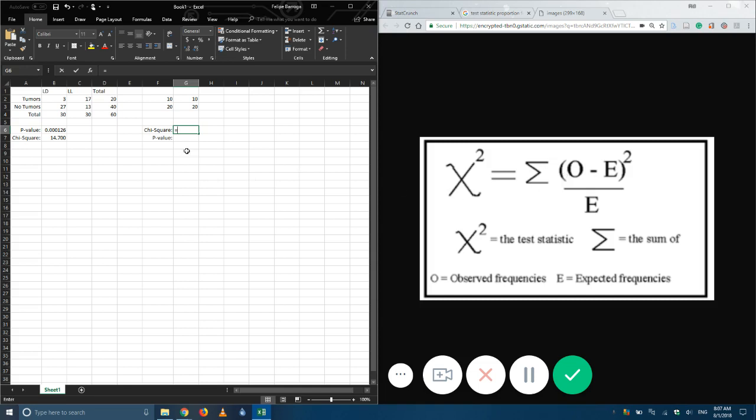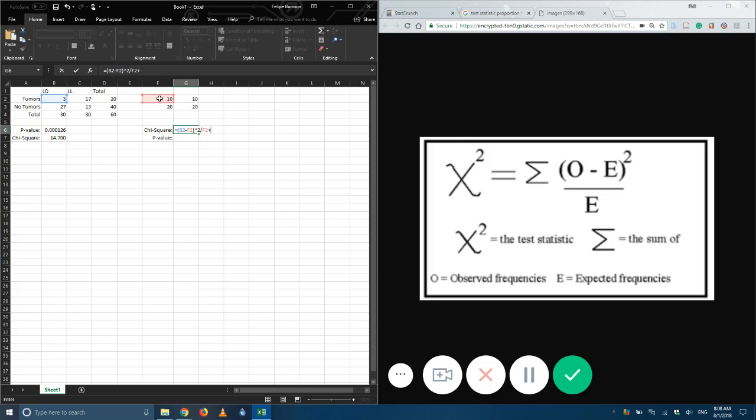This is where parentheses become important. Let's go in order. Take the first actual value, subtract the expected value that's associated with that actual value, parentheses, square that, and divide it by its expected value. And I'll do that for each one.